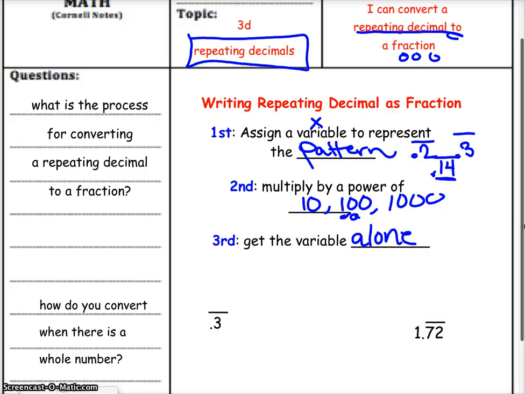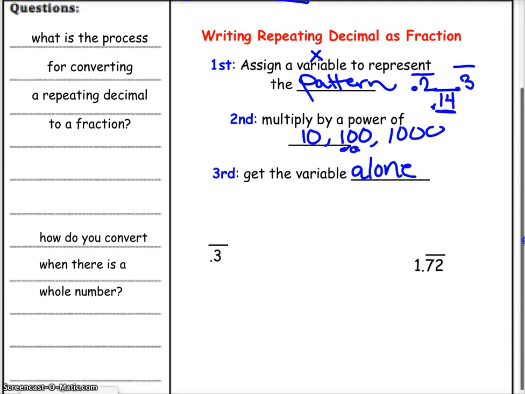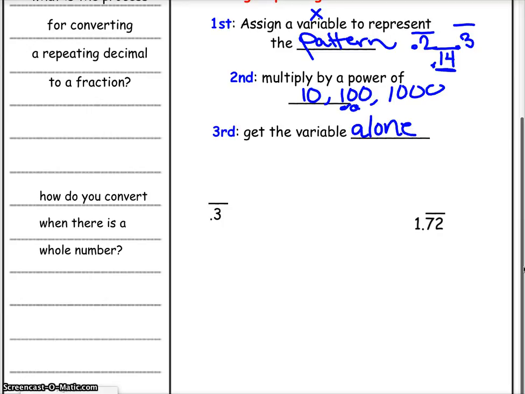Okay, so let's do the first example. Write 0.3 repeating as a fraction. Now a lot of kids think, well, 0.3 is 3/10, so there I go, I'm done. But as we realize, 0.3 is smaller than 0.3 repeat, because you'd have another 3 and another 3 after it.